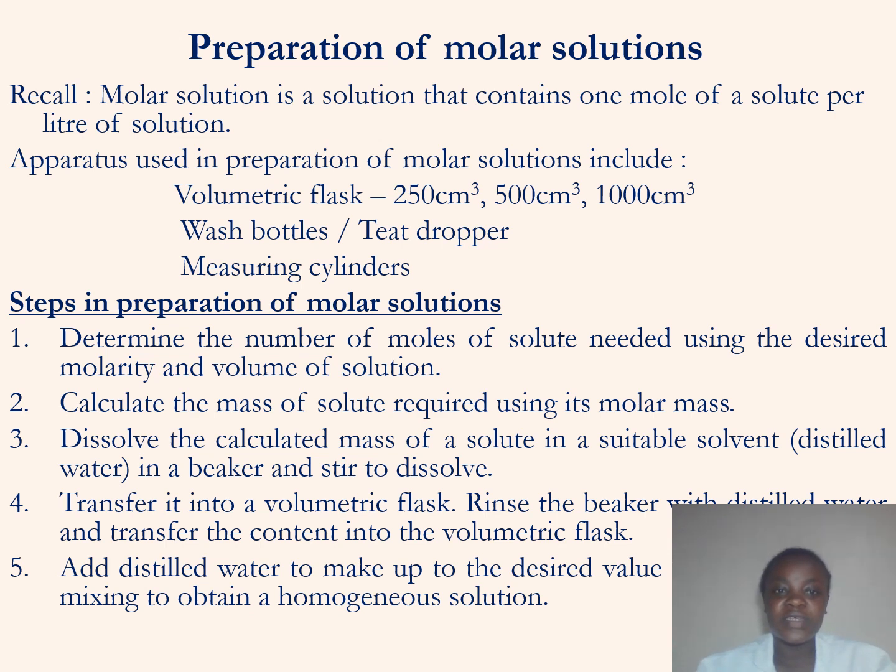The apparatus we are going to require in our lab are volumetric flasks, which could be 250 centimeters cubed, 500 centimeters cubed, or 1000 centimeters cubed, that is 1 liter.